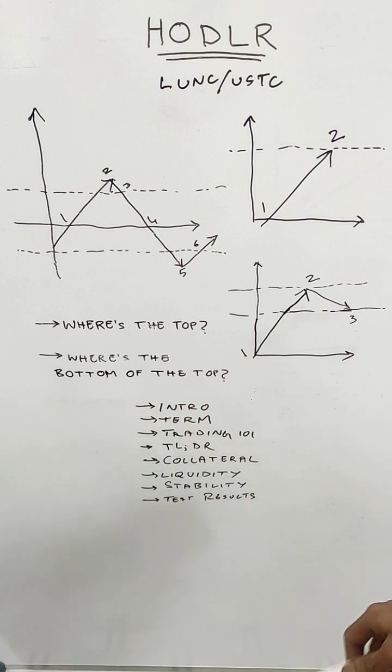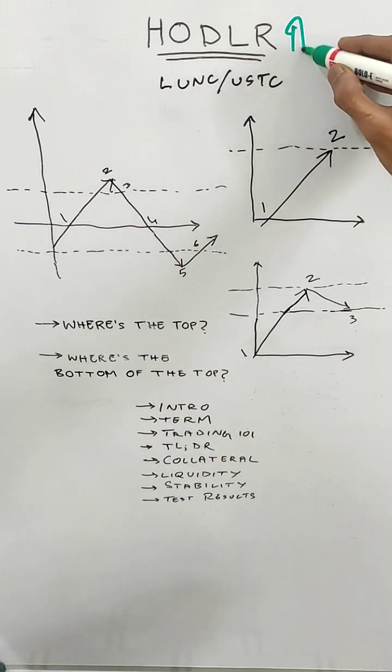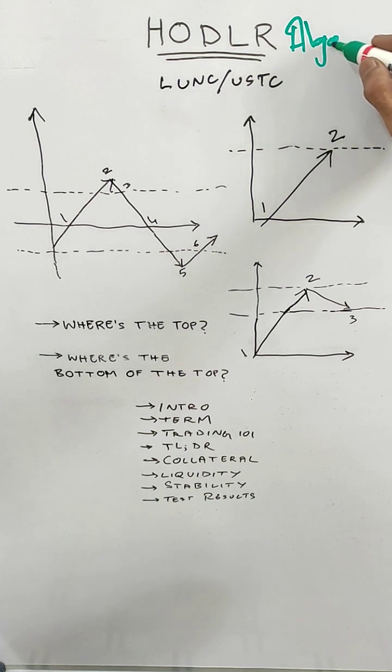Which is why I keep interchanging the term application or algorithm, and I've essentially called it the HODLR algo. So it is definitely the algorithm that I've written, which is why I'm calling it the algo, and I've explained it in the previous videos.